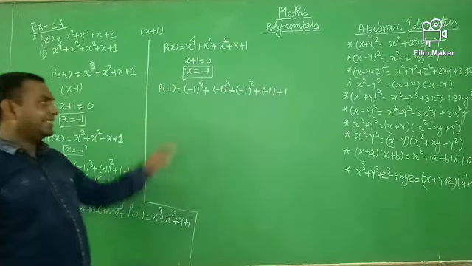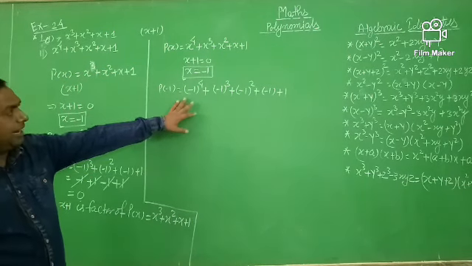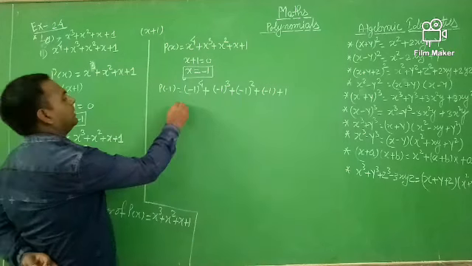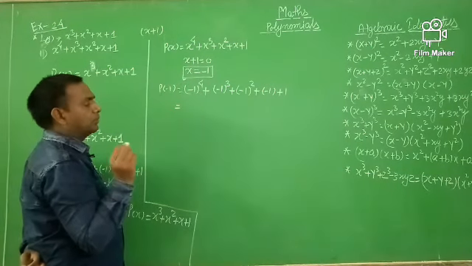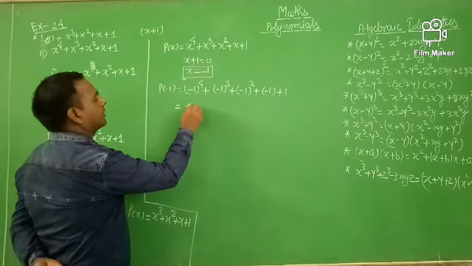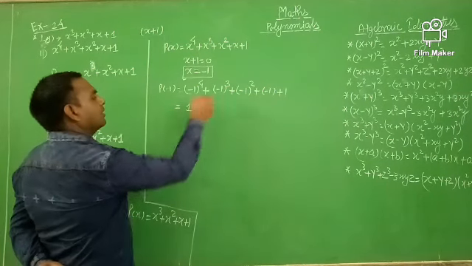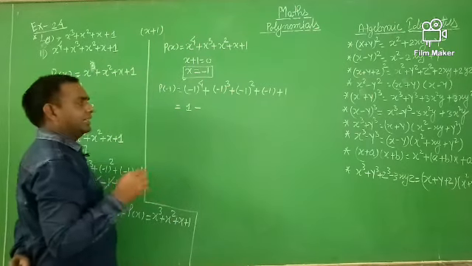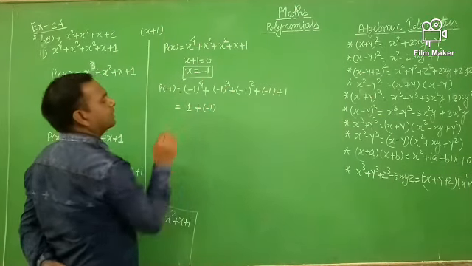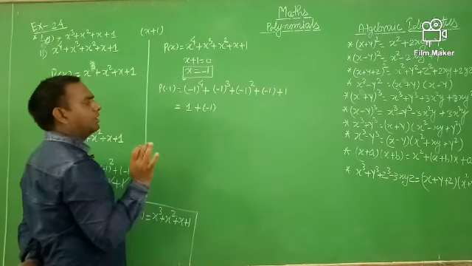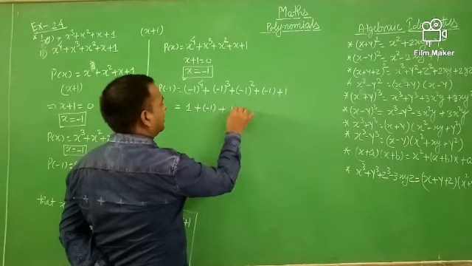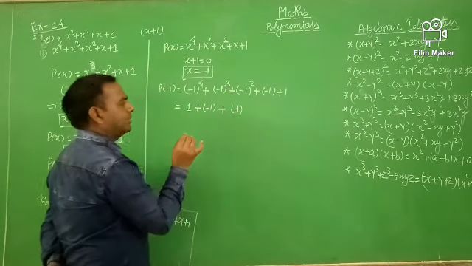I put x is equal to minus 1 in the place of x of the given polynomial. After solving, (minus 1) to the power 4, here the power is an even number, so it is converted to plus 1. Then (minus 1) to the power 3 is converted to minus 1 because the power is an odd number. Same, (minus 1) to the power 2 is converted to 1 because the power is an even number.